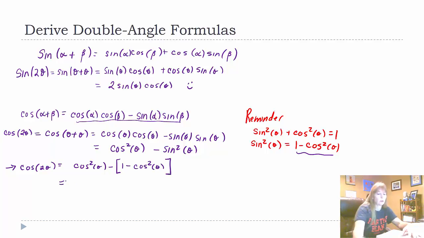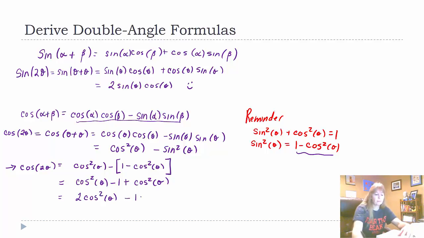And so, distributing this negative sign, this gives me cosine squared theta minus 1 plus cosine squared theta, which is simply 2 cosine squared theta minus 1.